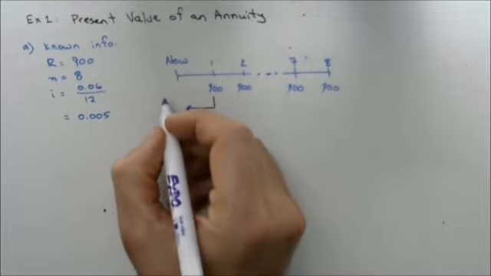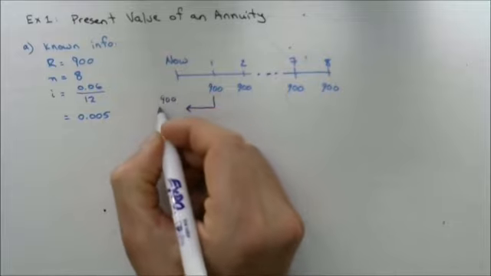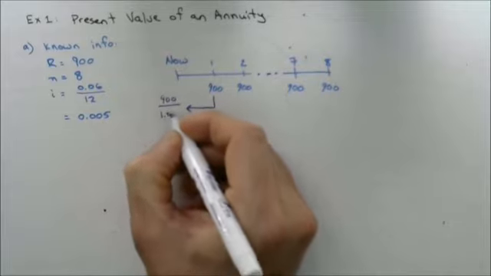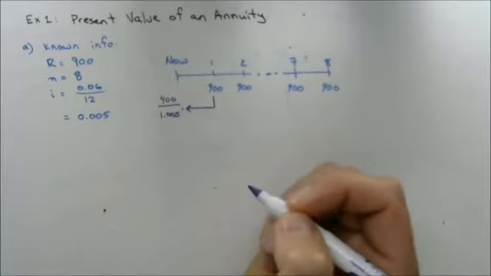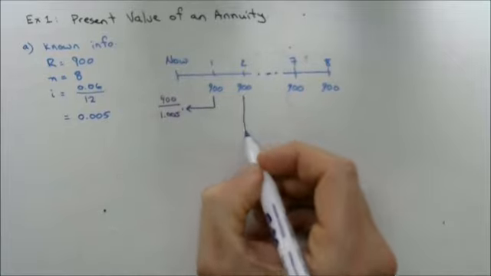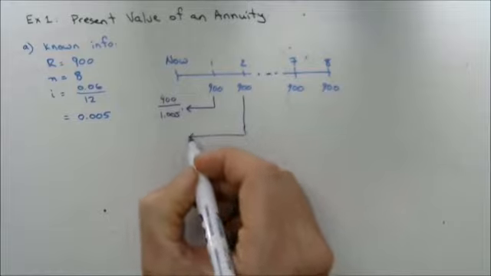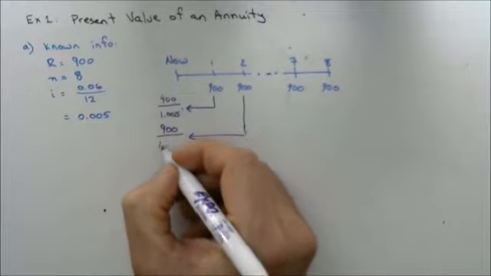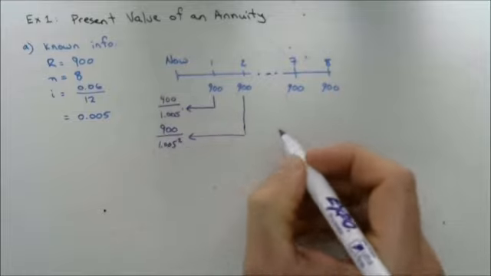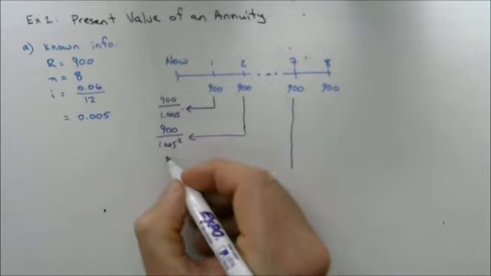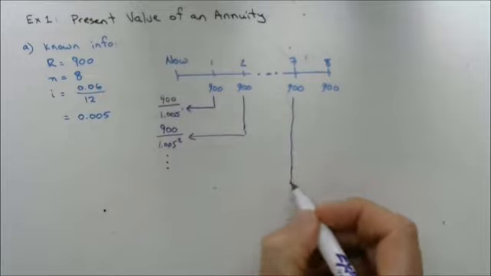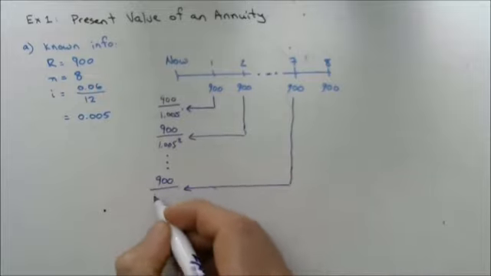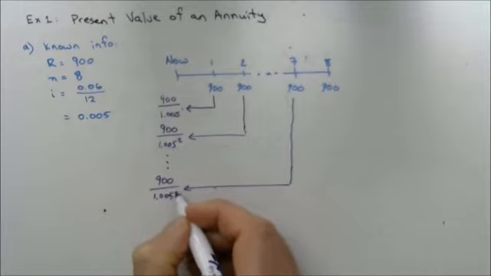Well, he needs R, which is 900, over 1 plus i, which is 1.005, to the power of 1. What about after 2 compounding periods? He needs his withdrawal, 900 over 1.005 to the power of 2. Oh, great. What about in his 7th month of university? 900 over 1.005 to the power of 7.